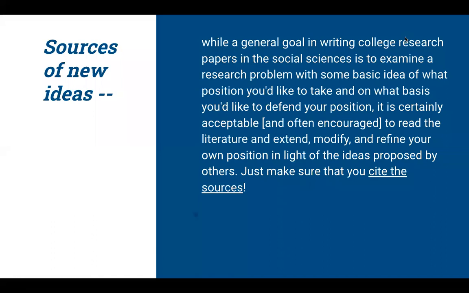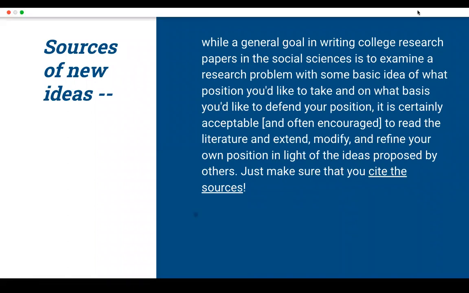Correct? So you are adding in the same way in academic research also. Support it with somebody else's findings, or either agree or disagree, whatever it is. You say so and so said this, but my results are not in agreement with this. Correct?